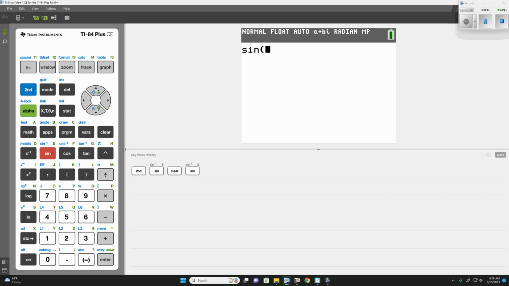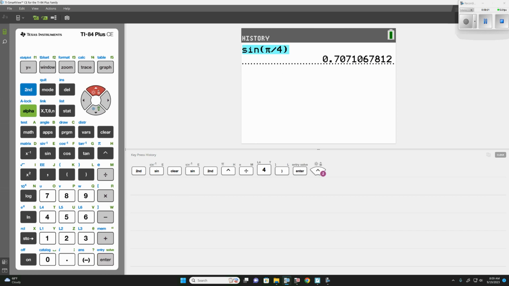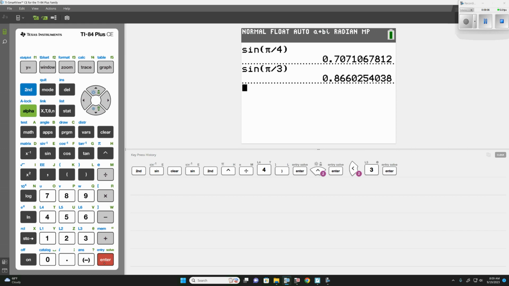Because if we said sine of, it's in radians, so pi divided by 4, we get this here, which is square root 2 over 2. Well, let's actually make something a little bit better. Let's say it's 1/2, 30 degrees, pi over 6, 1/2.